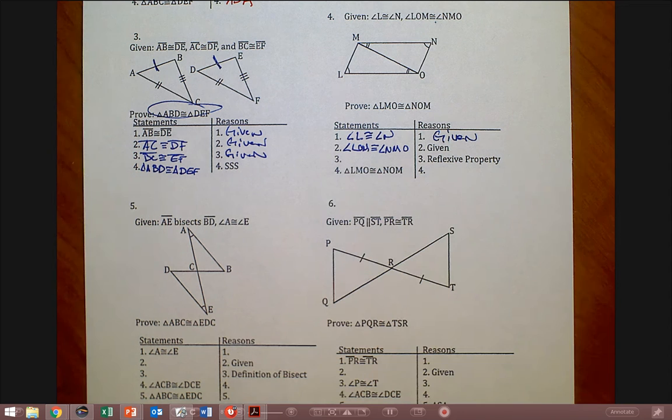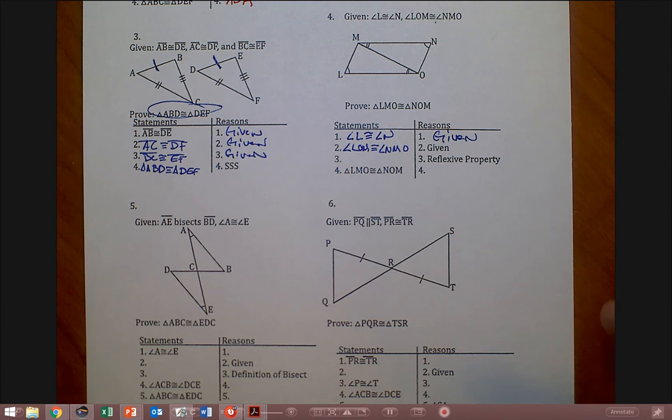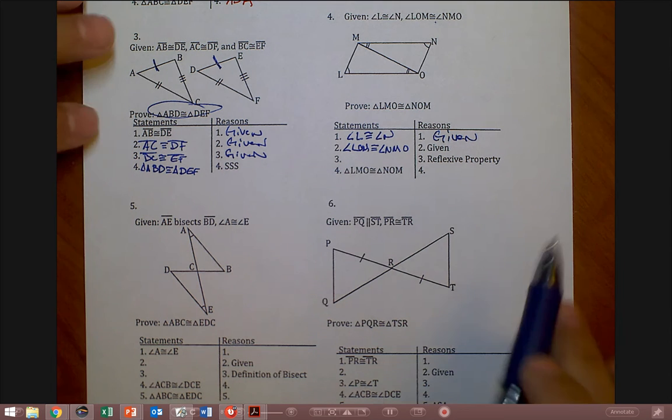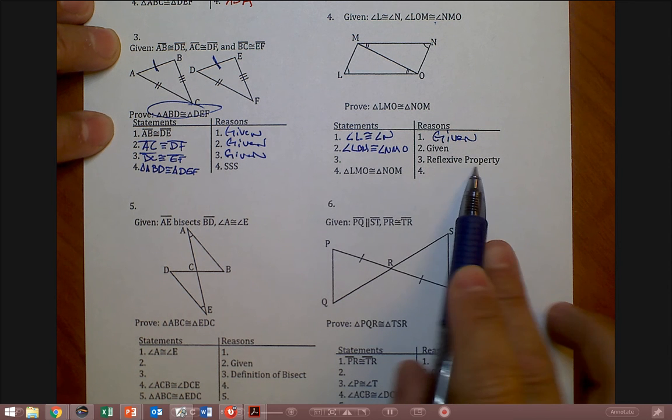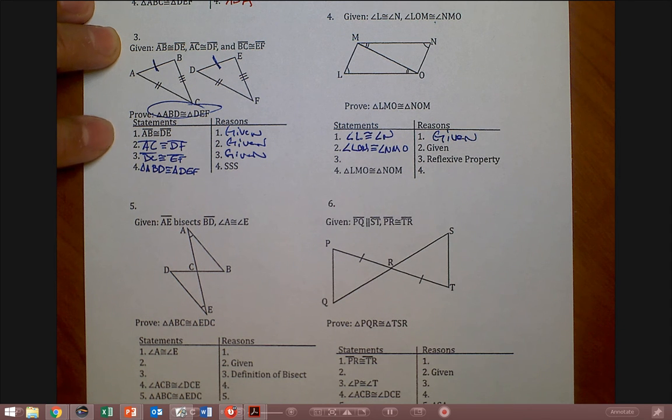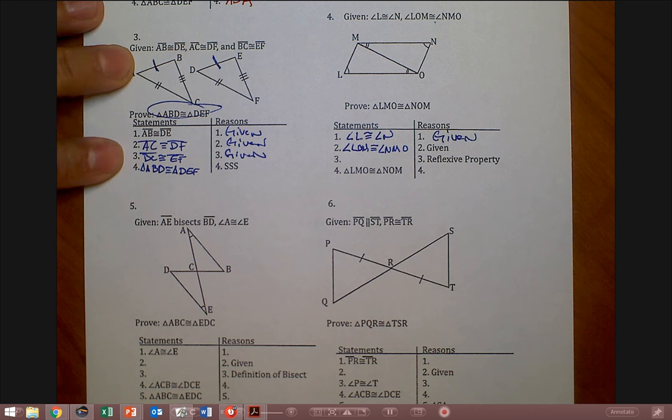Now, you ready? Matthew, I'm ready to hear something intelligent right now. So, number 3, it says it's a reflexive property. So what am I going to write if it's a reflexive property? Number 3. MO.